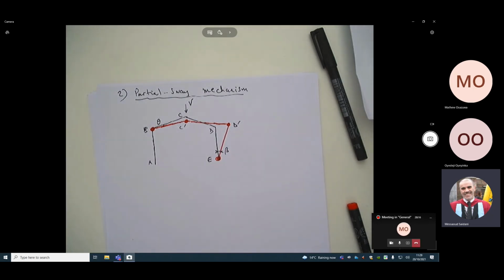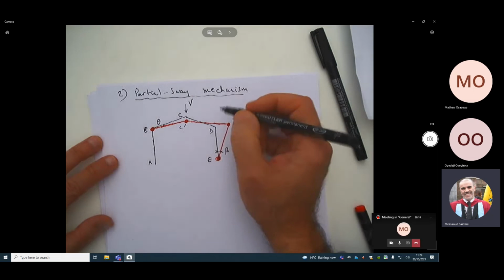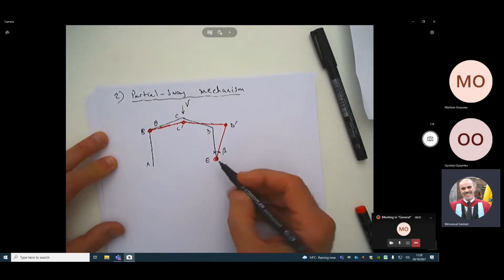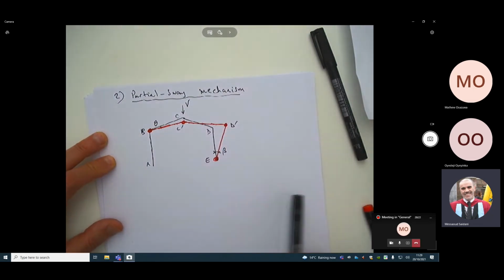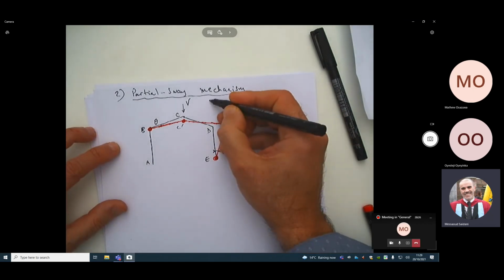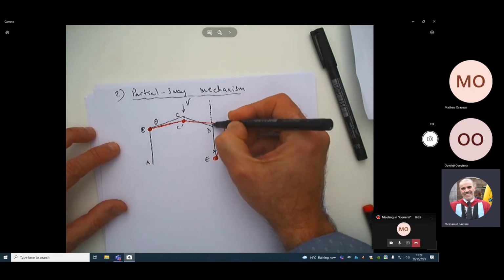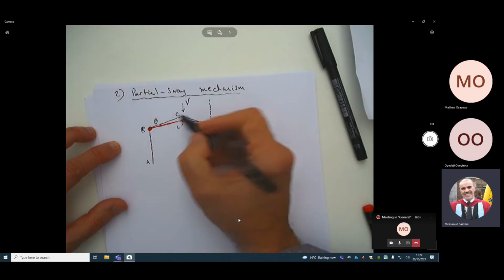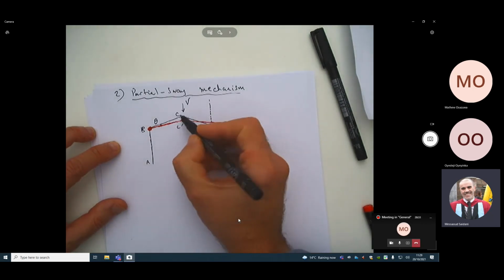Bear with me, because I want to show you how you get the angle beta. The way to get the angle beta is you extend DE like this, and then you extend the rafter BC like this.